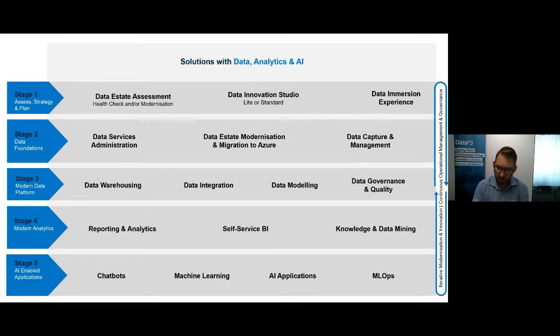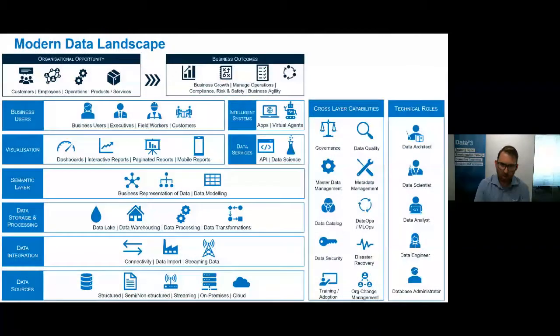The last piece of how we think about data with our clients is the modern data landscape we have developed. The modern data landscape is our deeper dive from our data journey map into the capability areas. Now, what services do we want to turn on? What functions and features do we need to deploy?